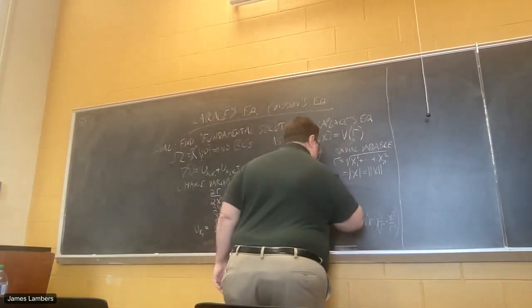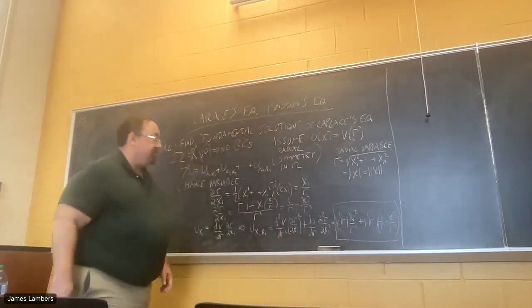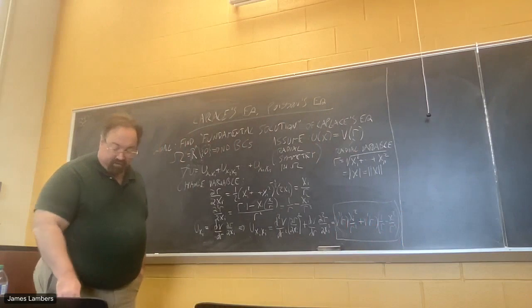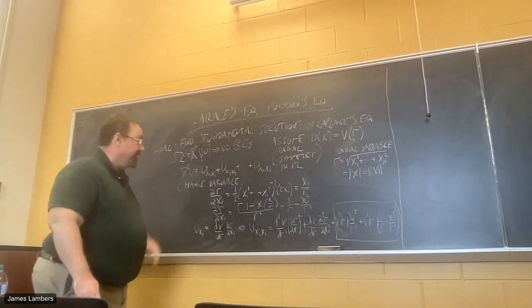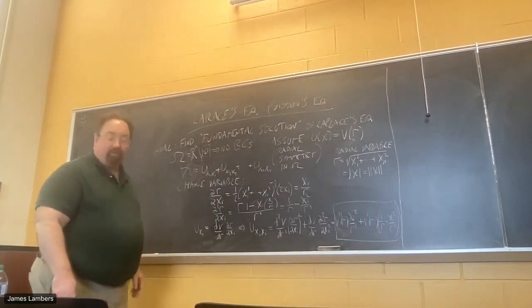So that is each second partial derivative of u with respect to xi twice. Any questions about how this was arrived at?